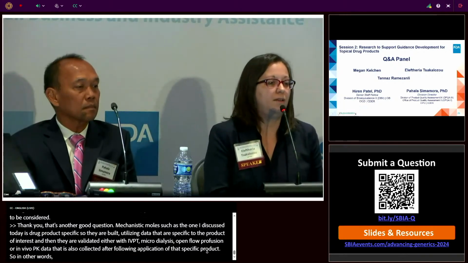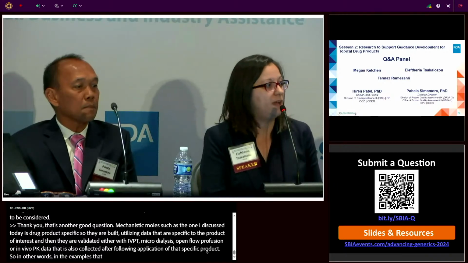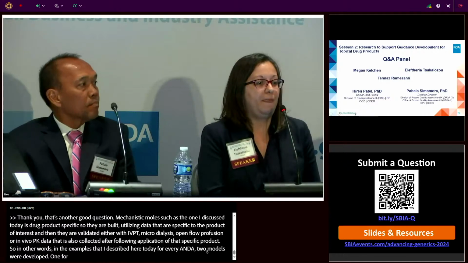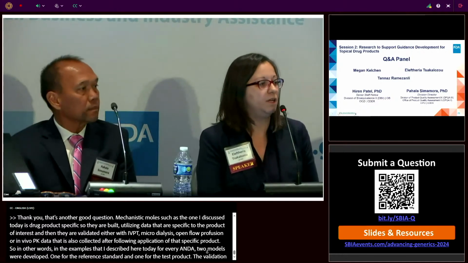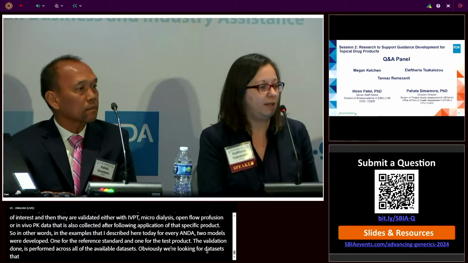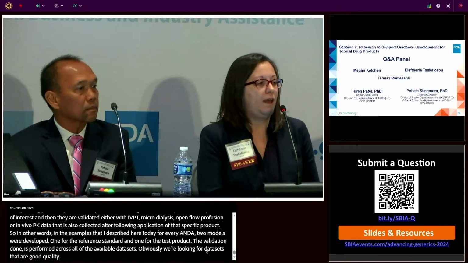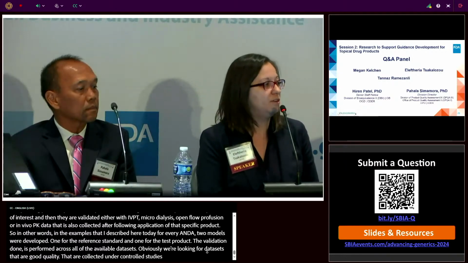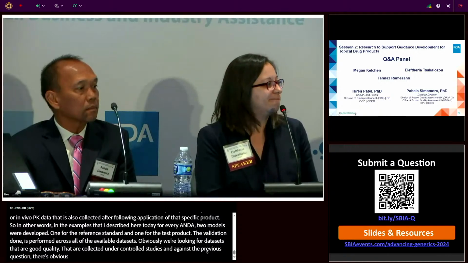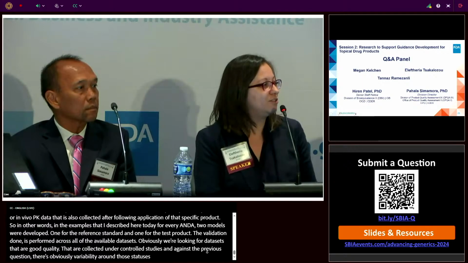In the example that I described today, for every ANDA, two models were developed, one for the reference standard and one for the test product. The validation is performed across all the available data sets. Obviously, we're looking for data sets that are good quality and collected under controlled studies. And as with the previous question, there is variability around those data sets. I hope that I've answered this question. Hopefully I didn't miss anything.